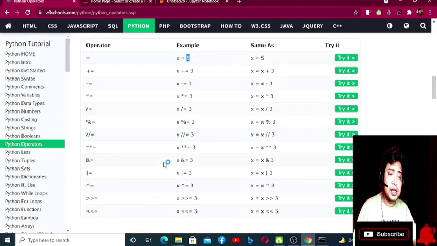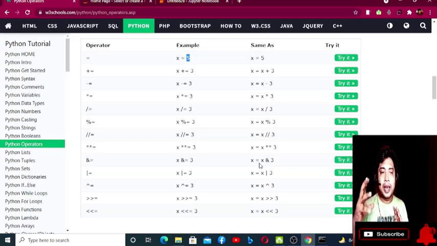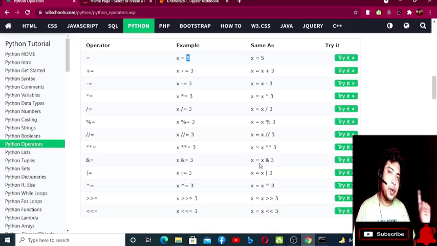Let's see what x equal to x and 3 does. I think we have a very good logical example for what this and means. And means two things must occur in order to get the result. Say for example, my friend and I will go to a restaurant to have dinner. If any one of us is missing, then we cannot have dinner.